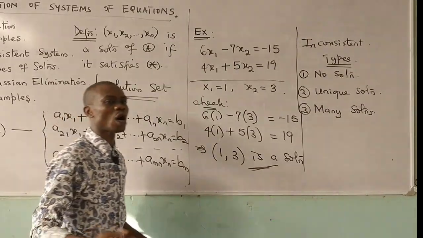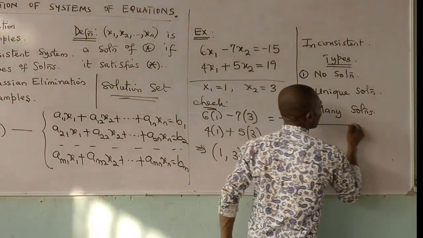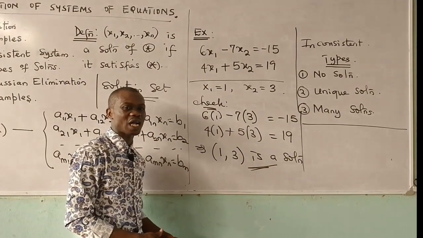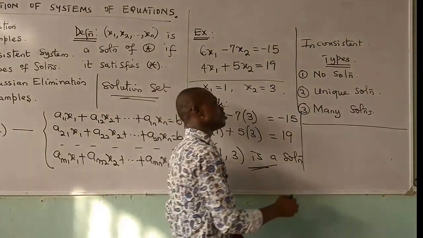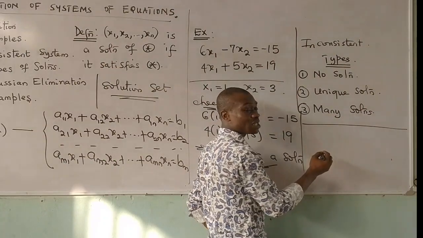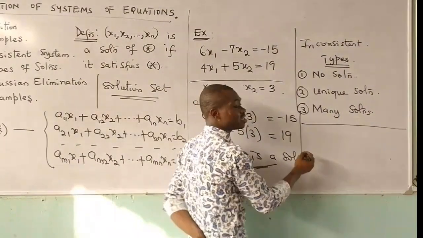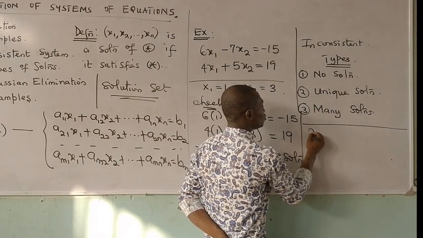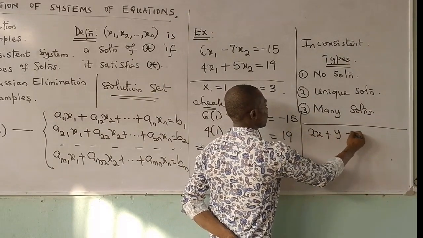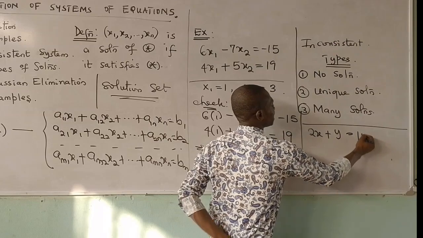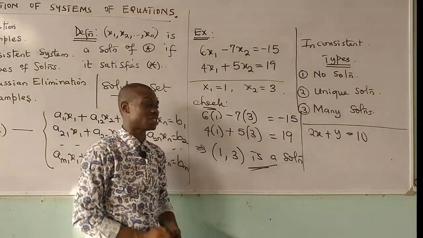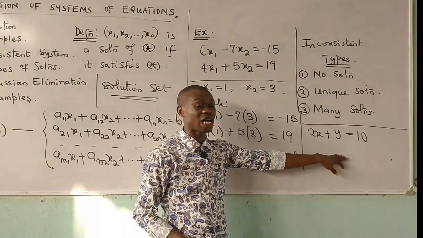You recall that when we were at a lower class level, when we were taught simultaneous equations, our teachers told us that if you are given something like 2x plus y equals 10, it doesn't have a solution, because there are two variables and you can't solve it.